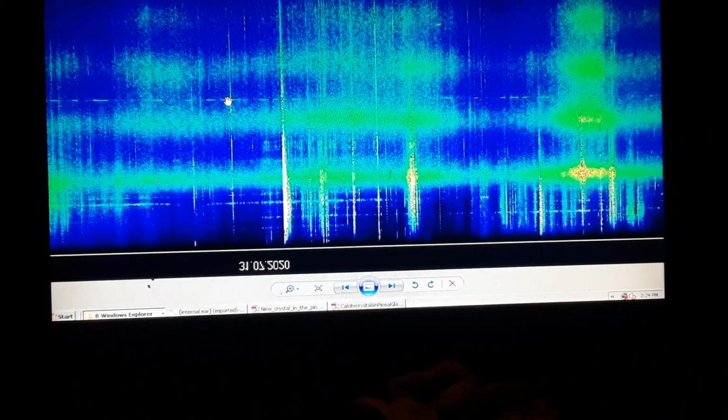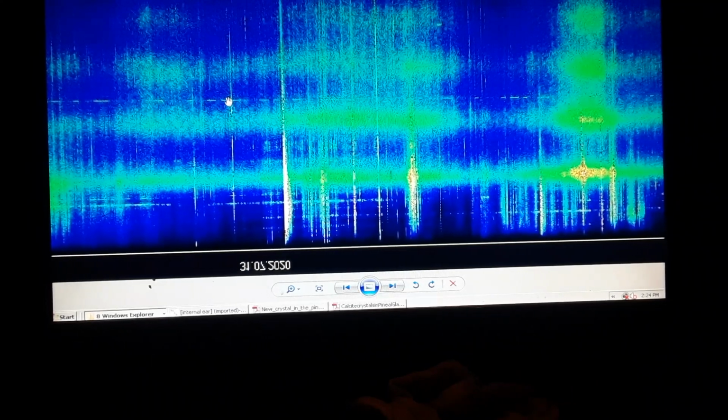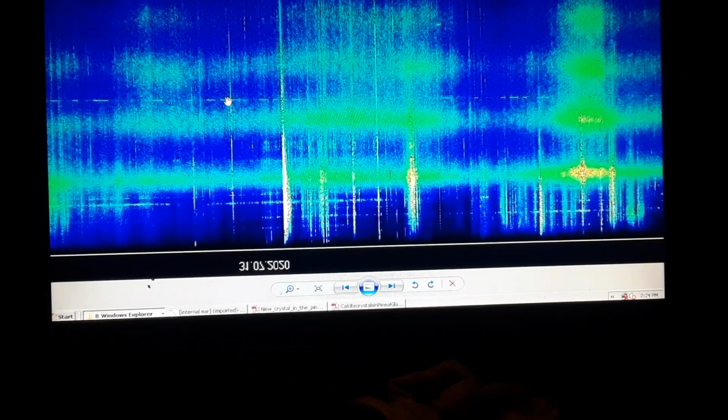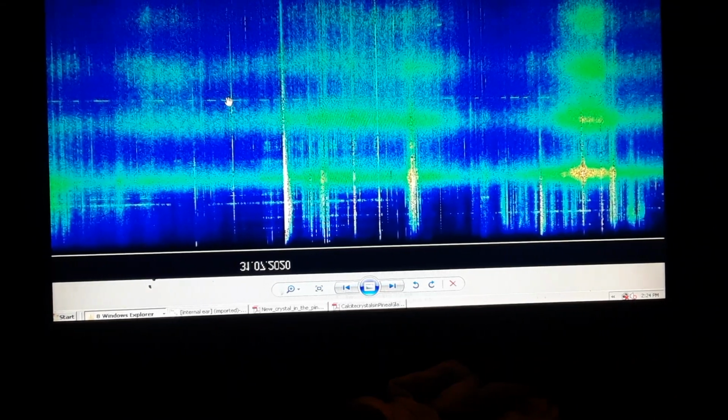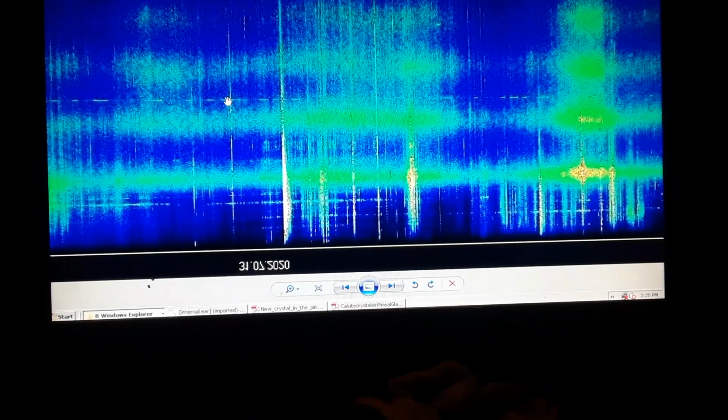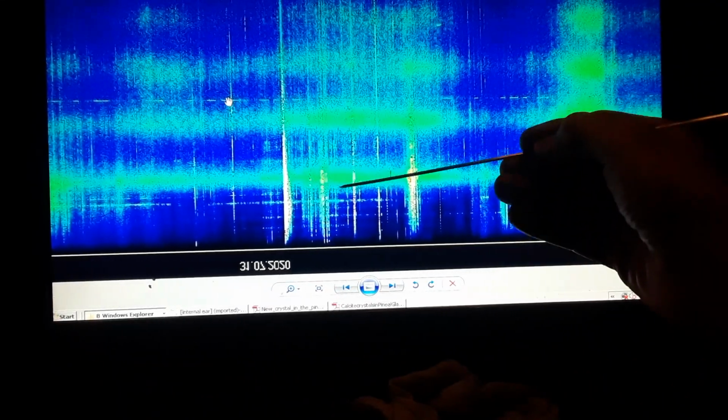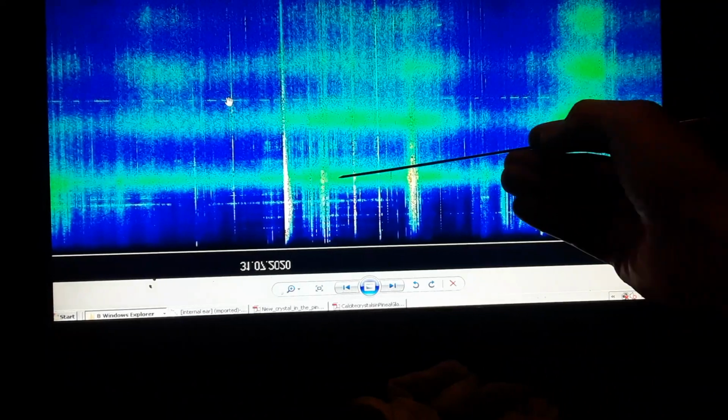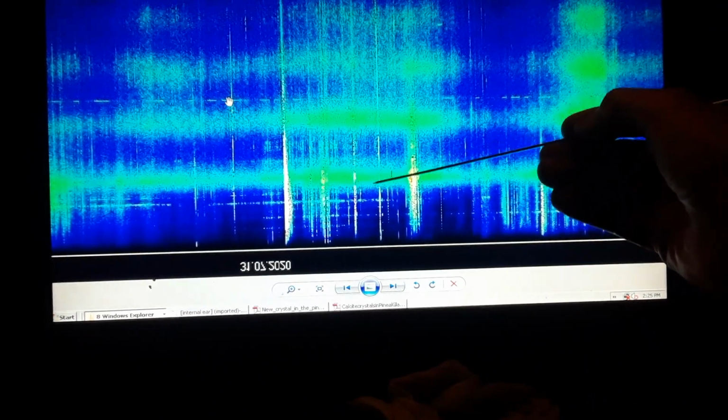But these thin lines are hard to explain. The magnetic waves bounce from the Earth to the ionosphere, okay? They bounce. They go up and down. You can see a wavelength forming in here. This is the 7.8 resonant frequency.